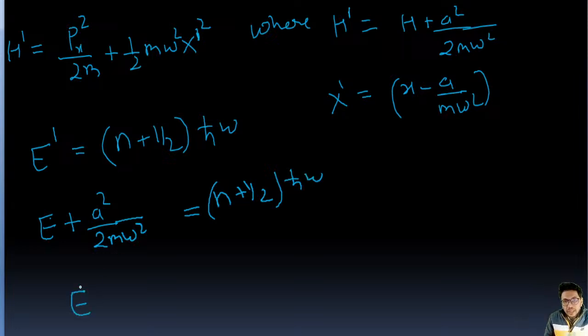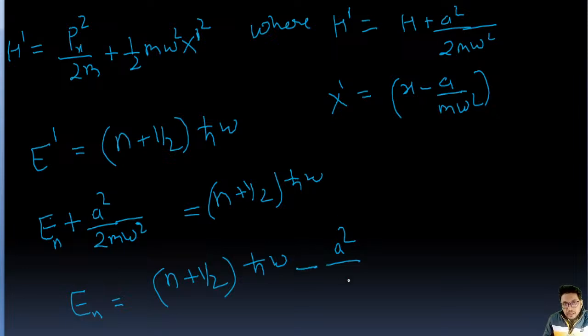This implies the value of the energy eigenvalue, that is En, is going to be equal to n plus half h cut omega minus a square upon 2m omega square.